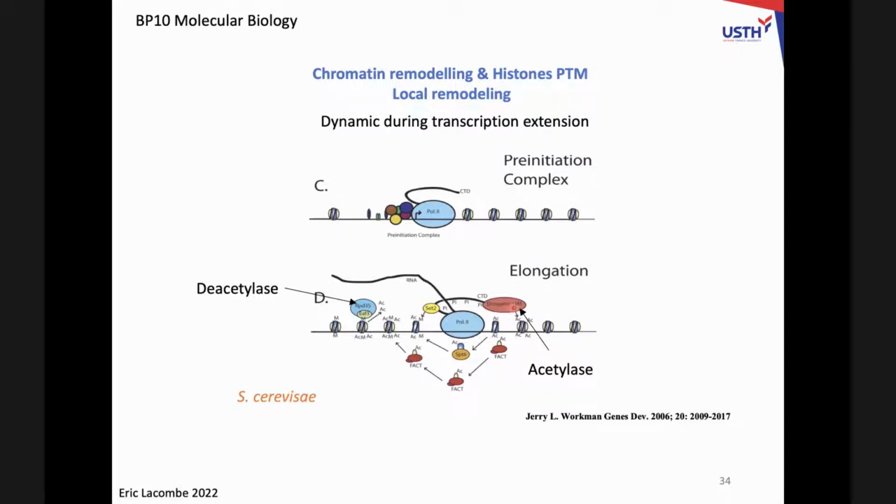The consequence of acetylation of histone is decompaction. So in other words, the polymerase is moving and just before it, it carries a histone acetyltransferase in order to decompact. The process is completely dynamic. The decompaction happens just before the place of the RNA Pol2, and it goes on moving like that during transcription.